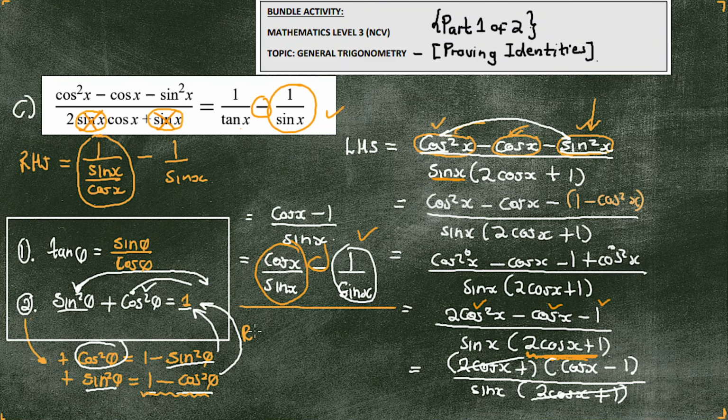So it means that the simplification continues to 1 multiplied by cos x over sine x minus 1 over sine x. We multiply by the 1, we get cos x over sine x minus 1 over sine x. This is similar to this. Now we just proved that the right hand side is equivalent to the left hand side.